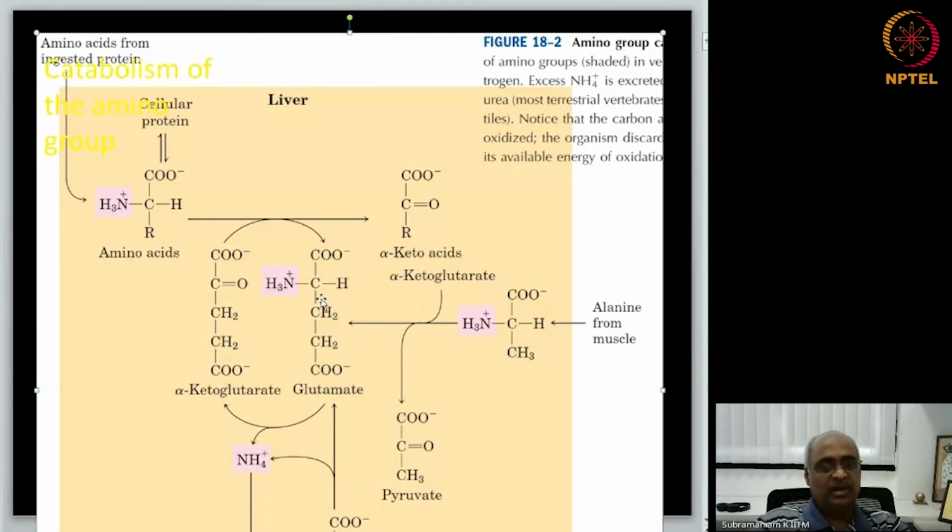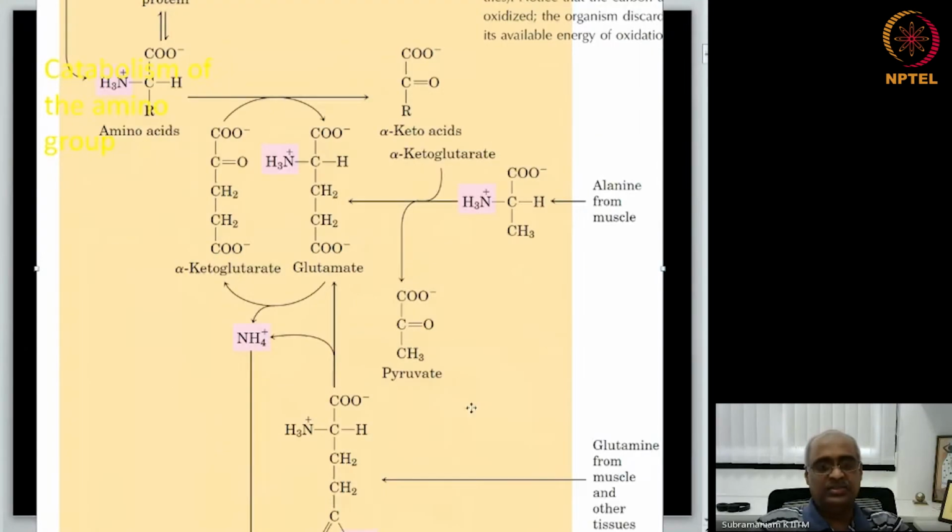Okay, and therefore each amino acid will become its corresponding keto acid after losing the amino group, and this keto acid, alpha ketoglutarate, becomes glutamate. So this happens in liver. Okay, and from other tissues, it's primarily transported to liver in the form of glutamine.